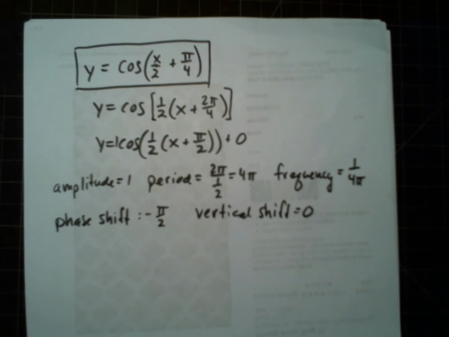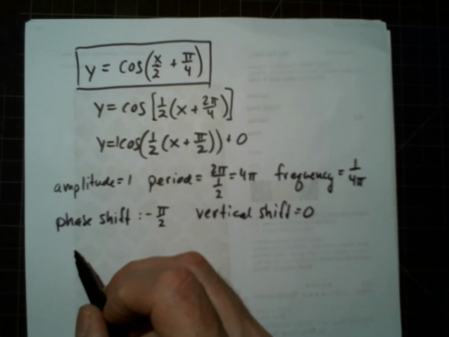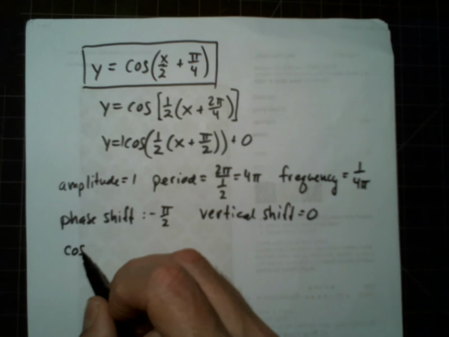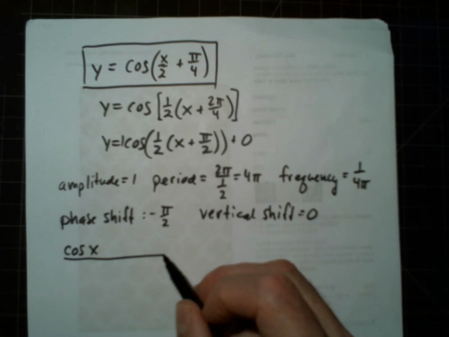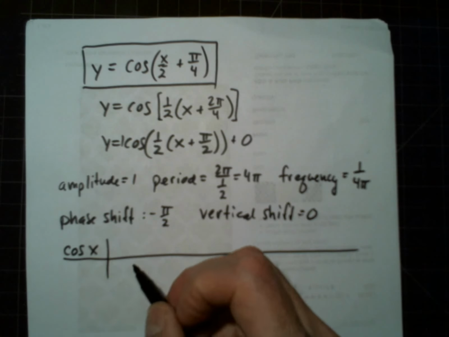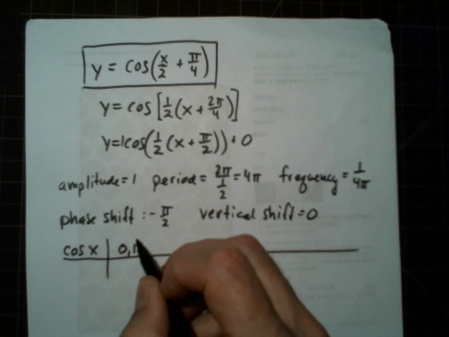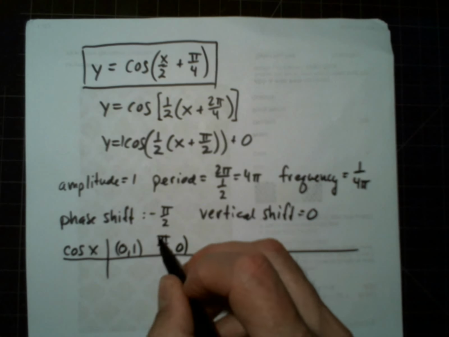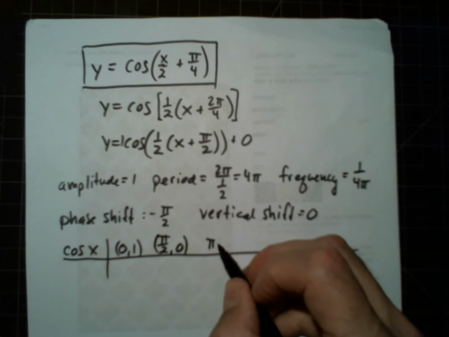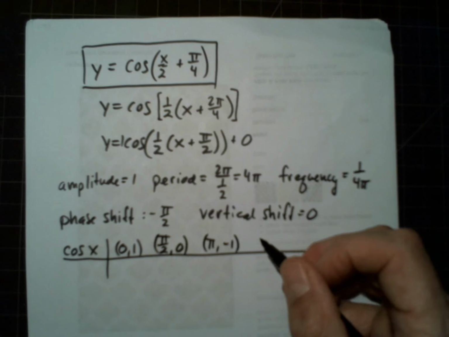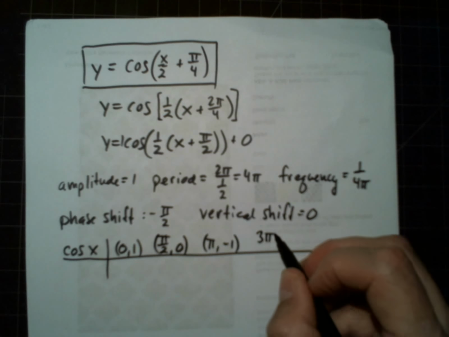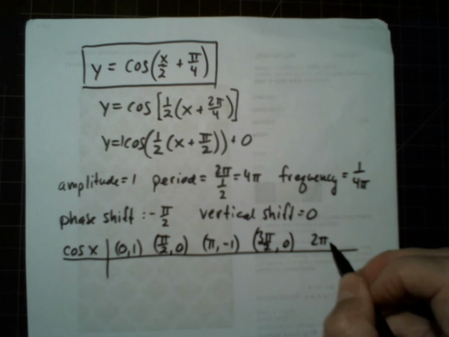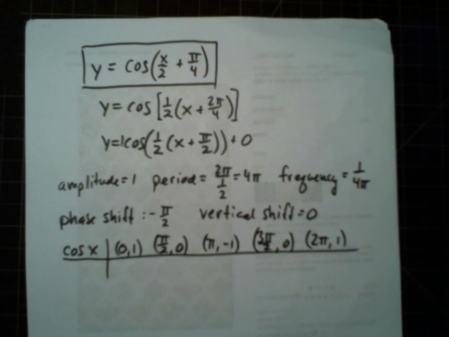All right. Now let's use the points of the parent function, cosine x: 0, 1; pi over 2, 0; pi, negative 1; 3 pi over 2, 0; 2 pi, 1.